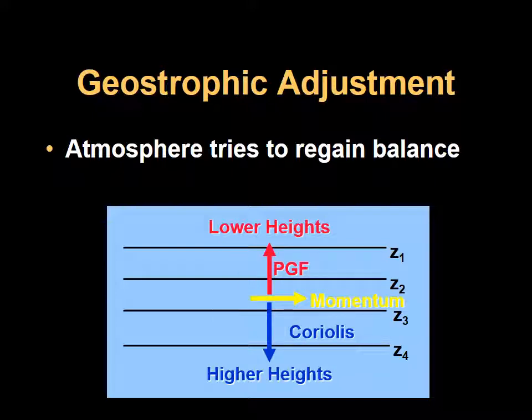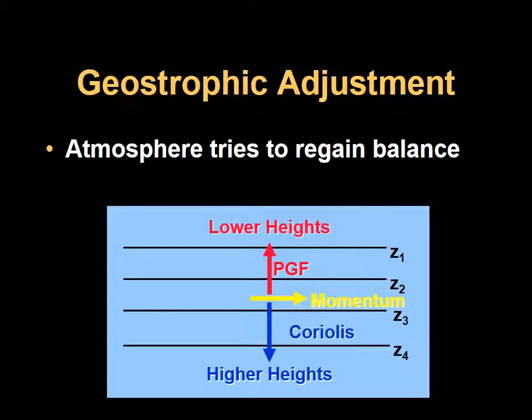And the wind can be thought of as like a ball rolling down a hill. It starts to accelerate and it has momentum. If it starts going up a hill, it still has momentum to get over the hill. So similarly, the wind starts to accelerate towards lower heights. Eventually, there is momentary balance where pressure gradient force is equal to Coriolis force.